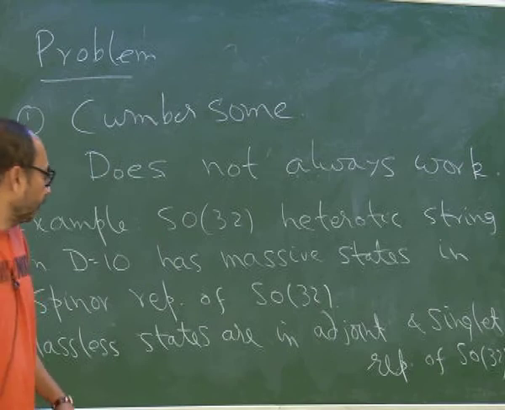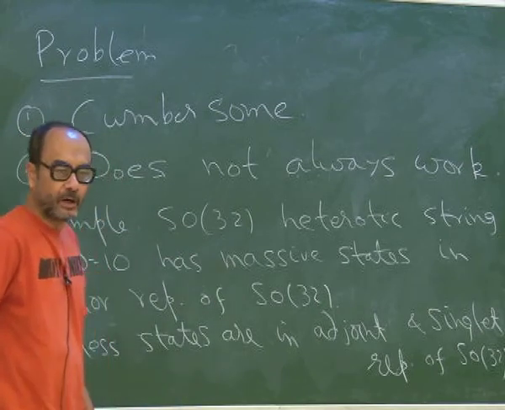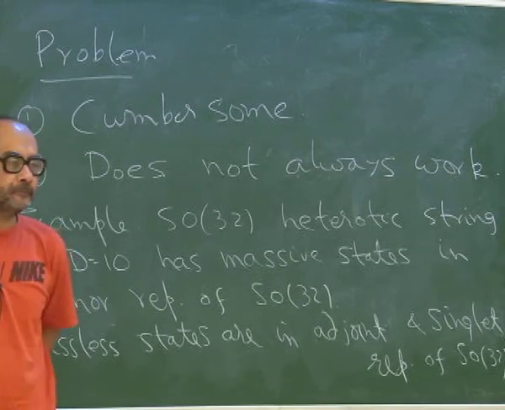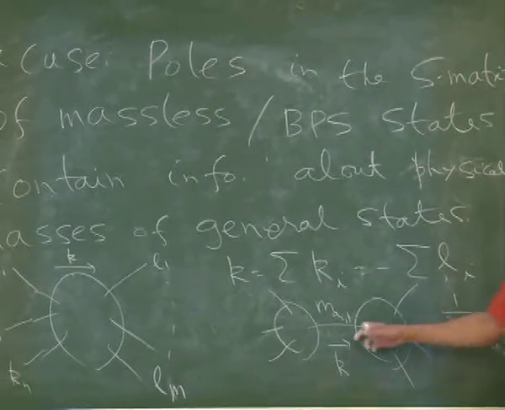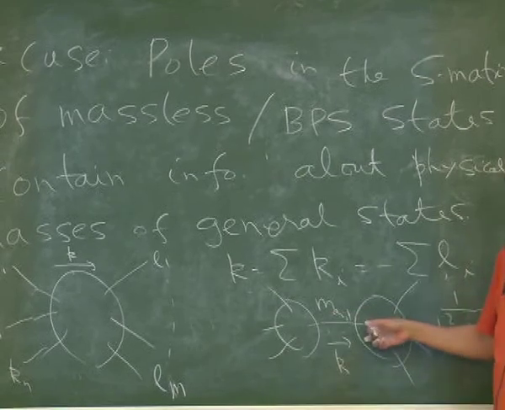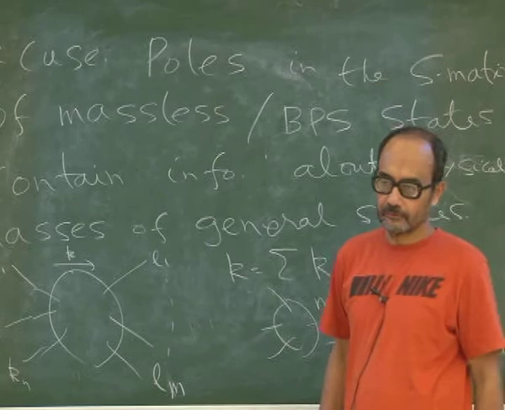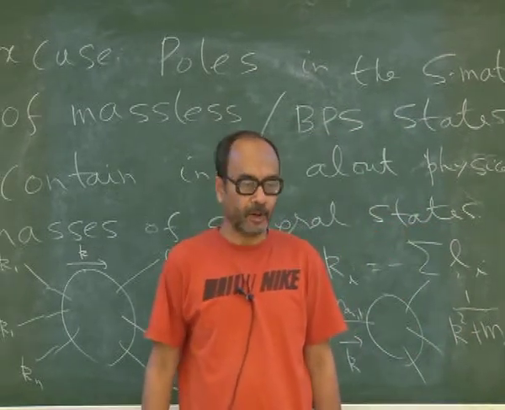So if you are trying to compute the mass of this particular state in heterotic string theory, you cannot get it from this kind of approach, because such a state will never appear as a single particle intermediate state in the scattering. So you really have to deal with this problem head on.